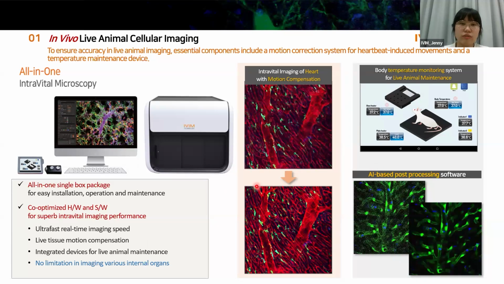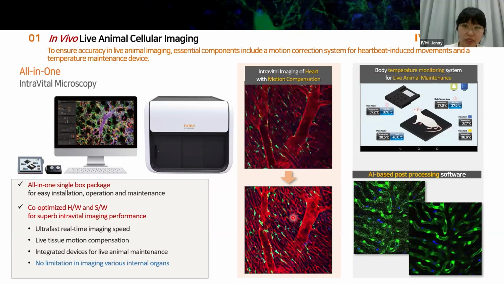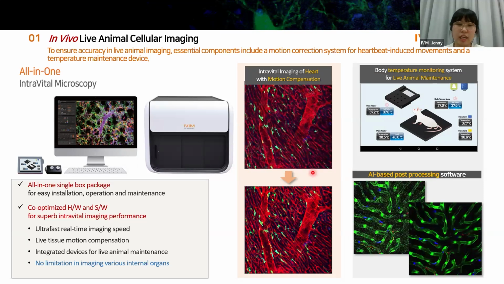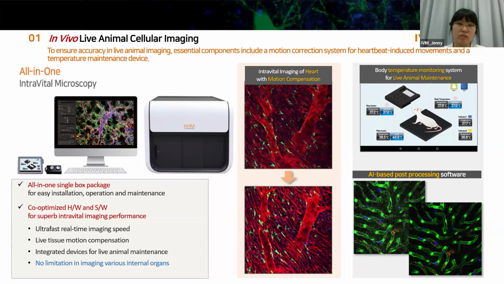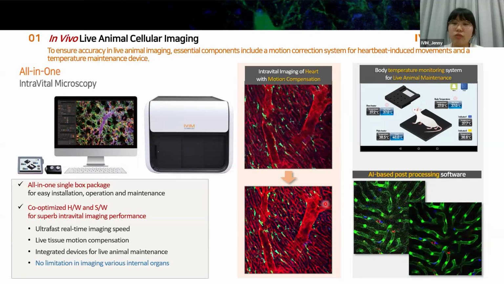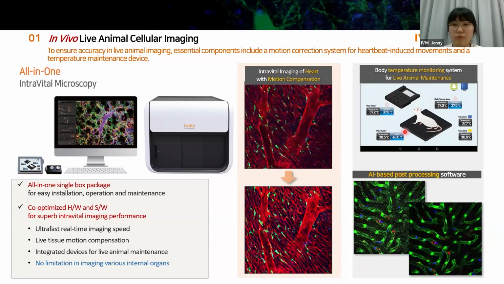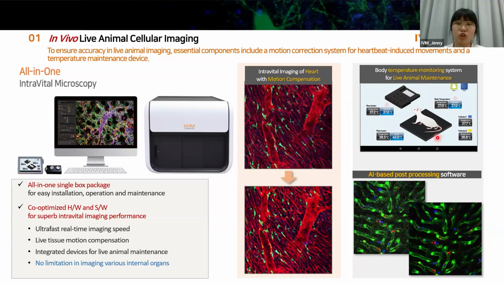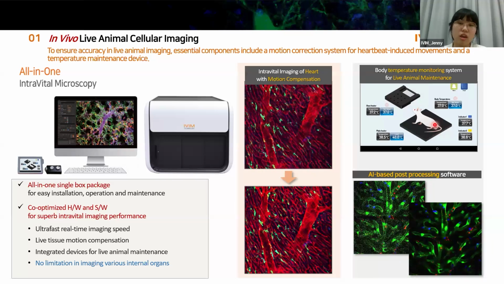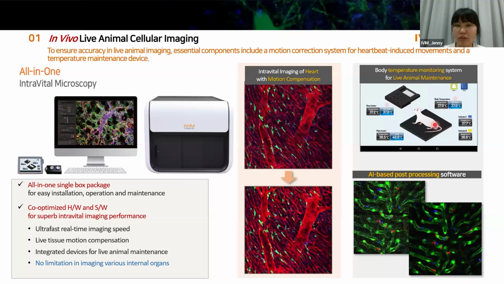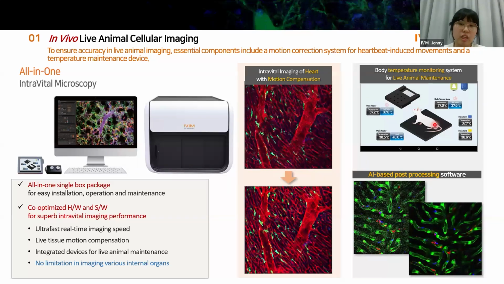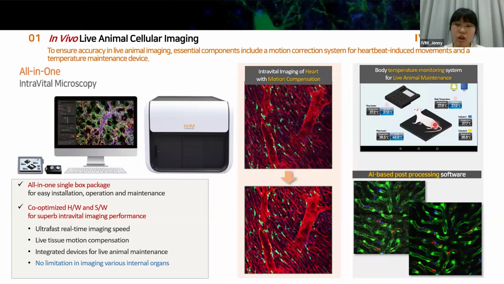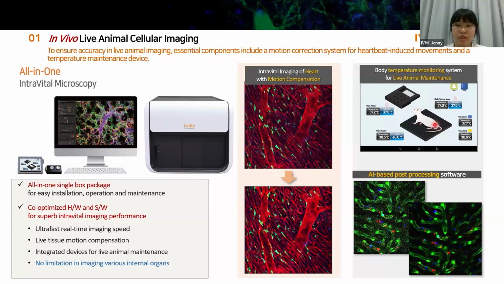The motion compensation feature corrects for organ movement, enabling sharp and accurate imaging, even in organs with significant motion, such as the heart and the lung. The real-time temperature monitoring system allows researchers to track and adjust body temperature during long imaging sessions, ensuring compliance with animal welfare standards and minimizing physiological variation for more reliable data.